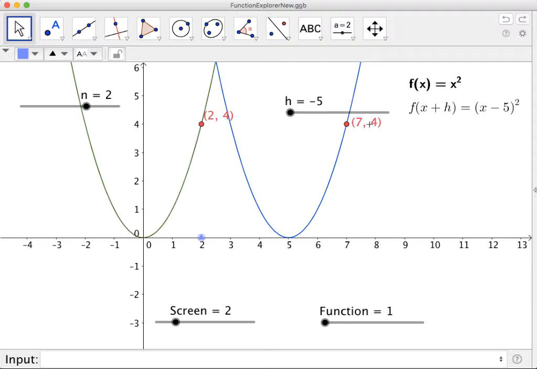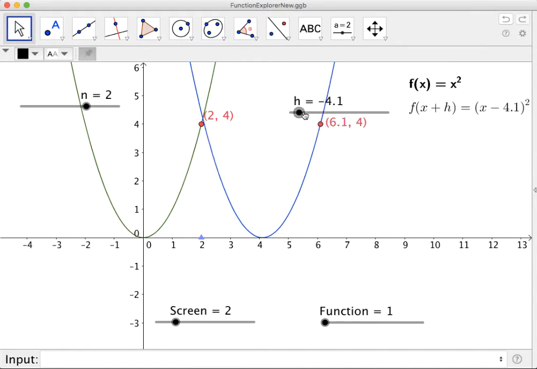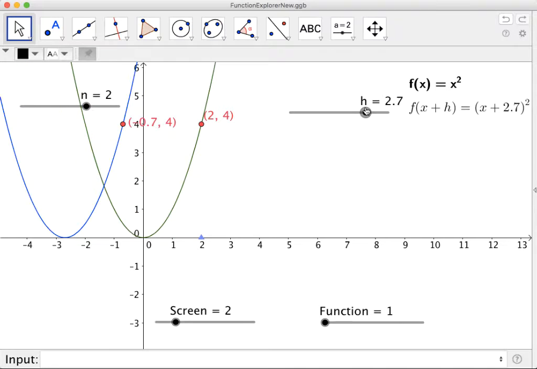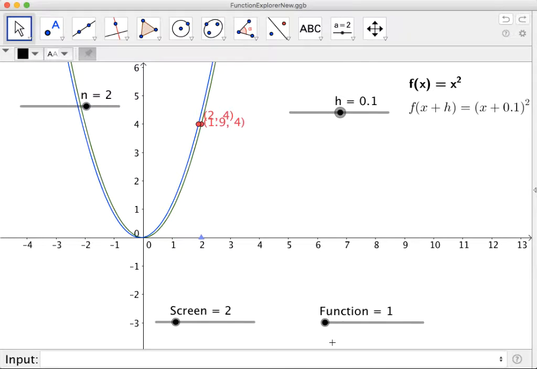Basically, we're saying that this y value corresponds to this x value from the original function. And so we have to subtract 7 to get back to the x value that corresponds with this 4. So that's why when h is equal to negative 5, we're actually moving the function to the right. When h is equal to a positive number, we're moving the function to the left.